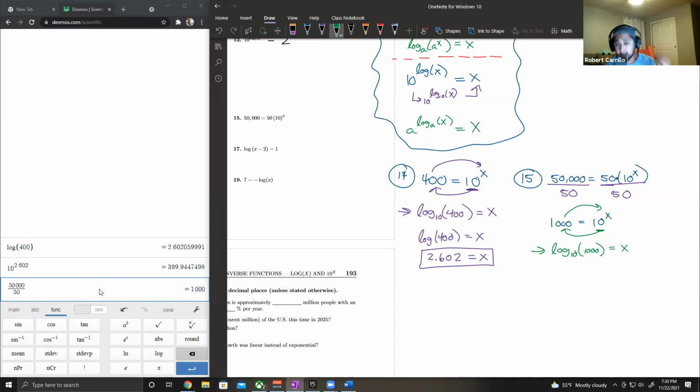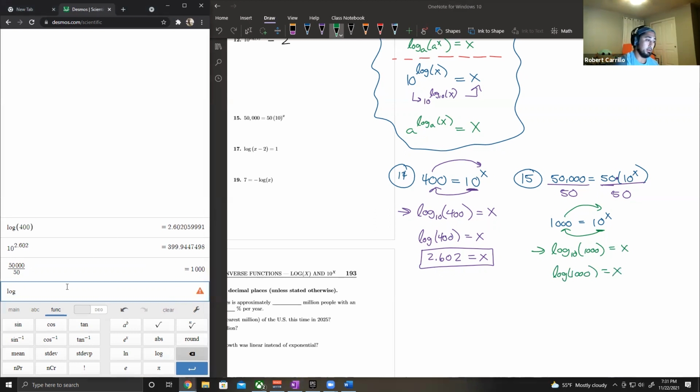And once again, since it's log base 10, we can just rewrite it as the log of 1,000 equal to x. And let's see what log of 1,000 is. And we get 3. Okay. Not bad.